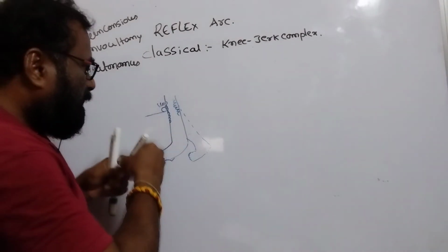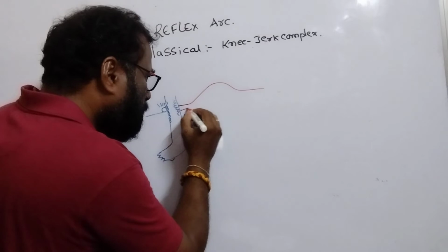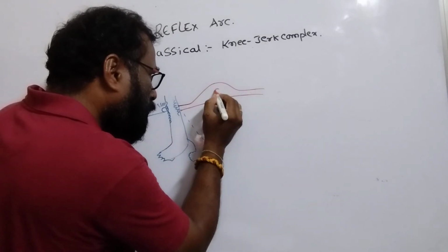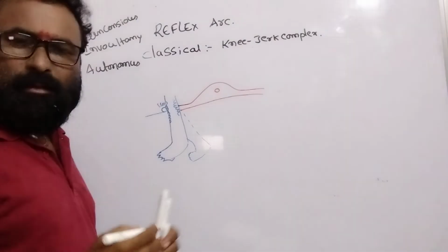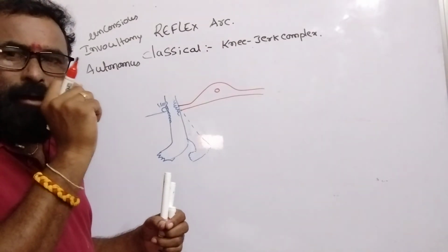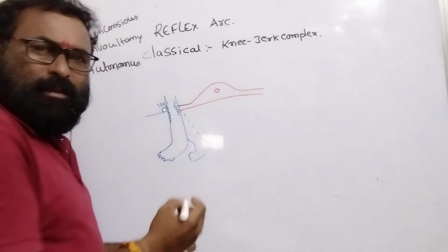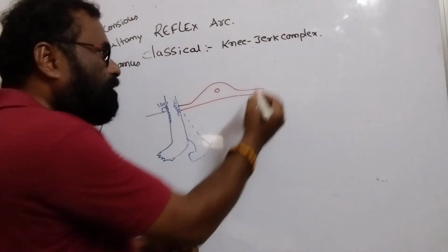There is a pseudo-unipolar neuron. See in the NCERT diagram, the pseudo-unipolar neuron is given, a small dark bit like that. These sensory signals are taken by the pseudo-unipolar neuron.